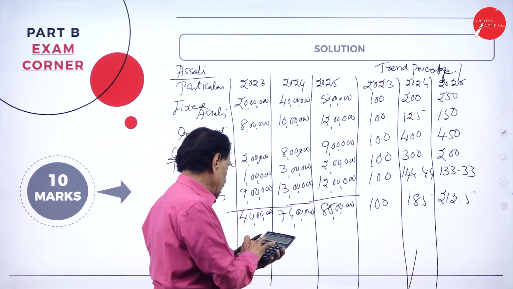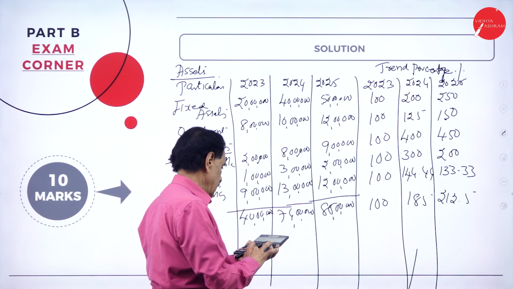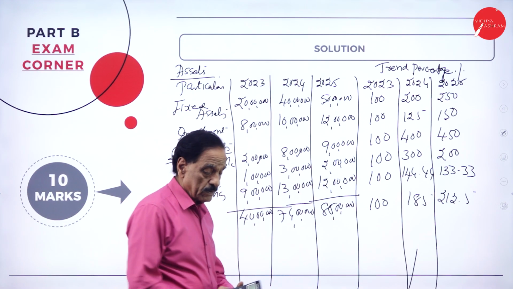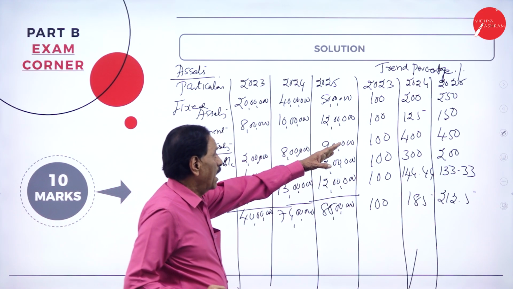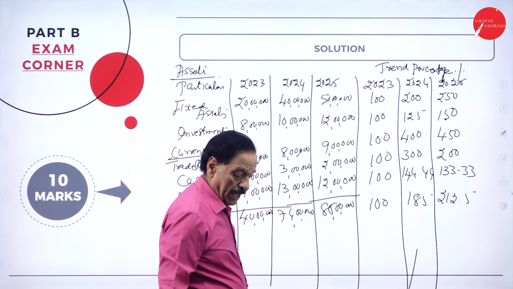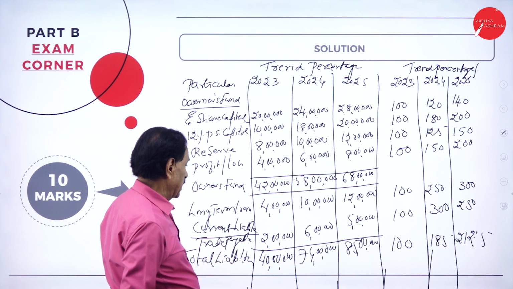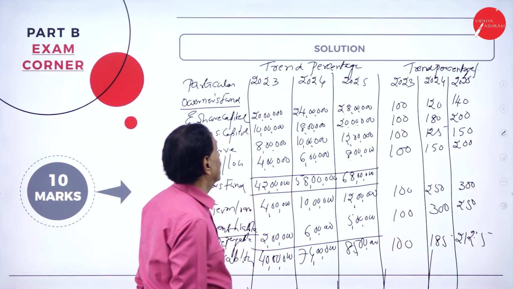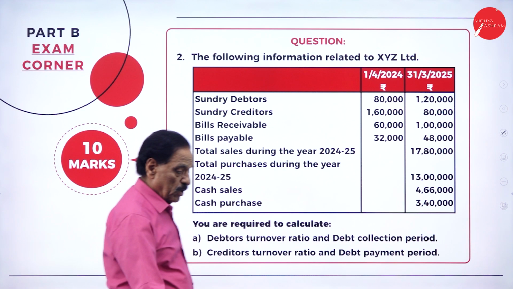Taking the base as 100, how much is the increase in percentage? I have done it for the total also. Okay, this is the liability side, this is your asset side. We'll move on to the next problem.